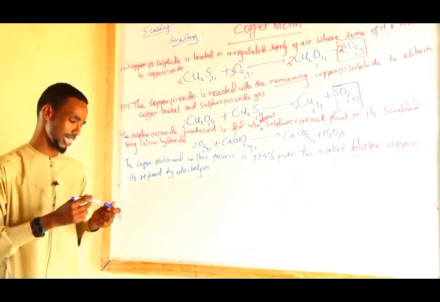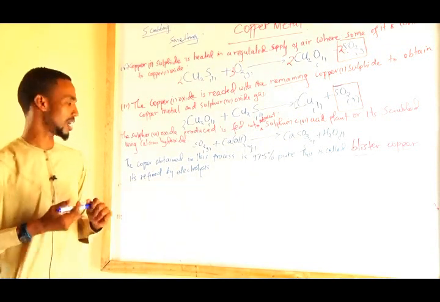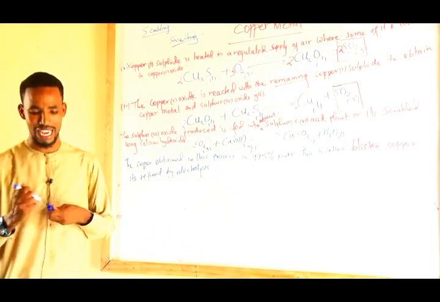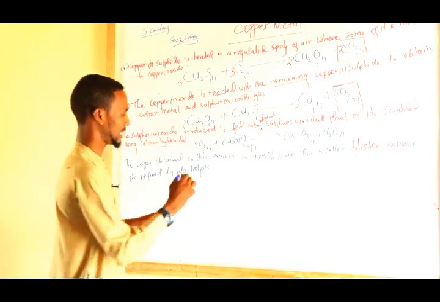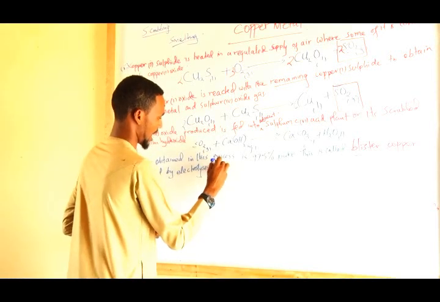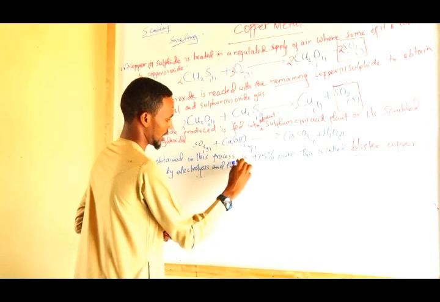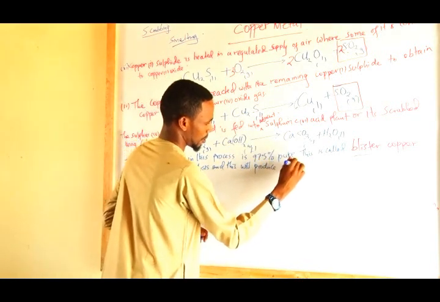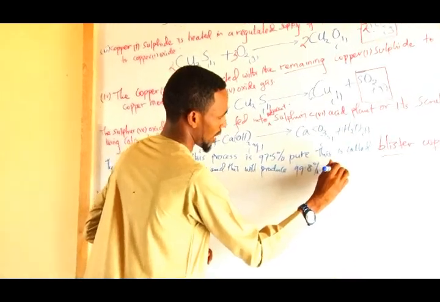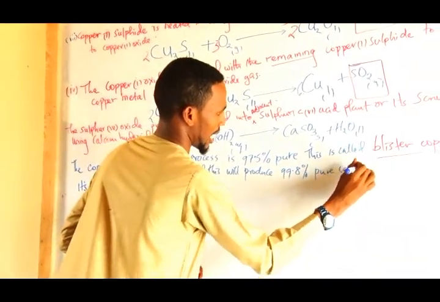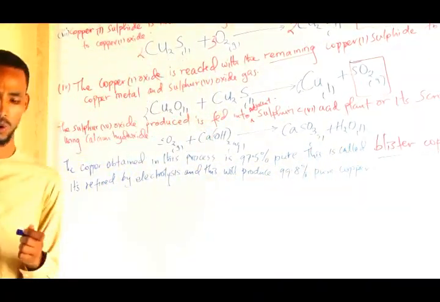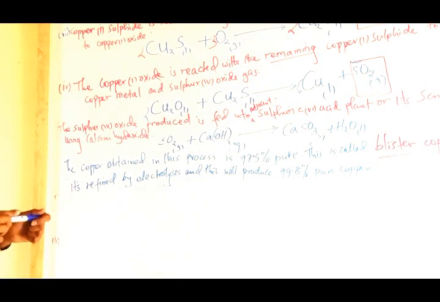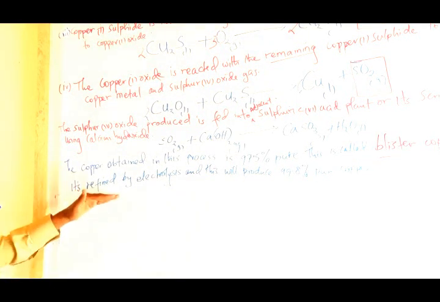Now, if you want a more pure copper, you refine by electrolysis, and it will produce 99.8% pure copper. So now we want to discuss electrolysis.